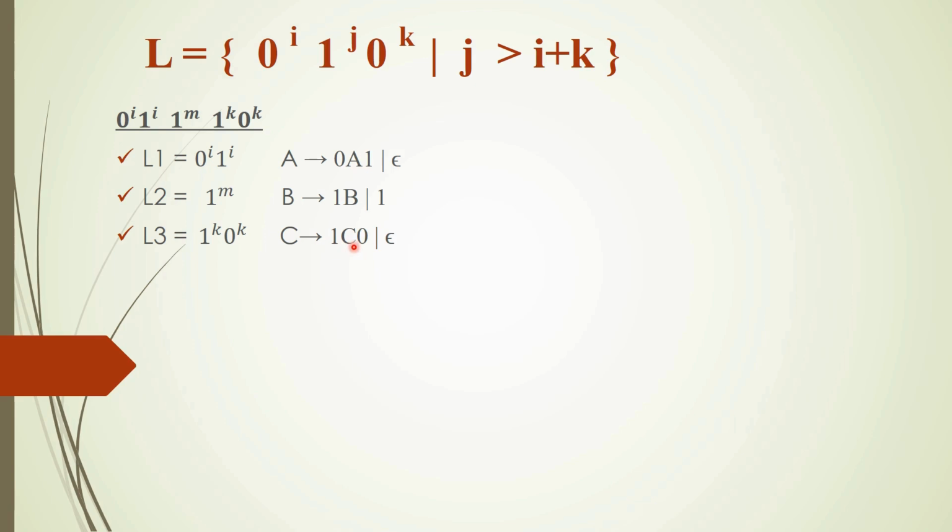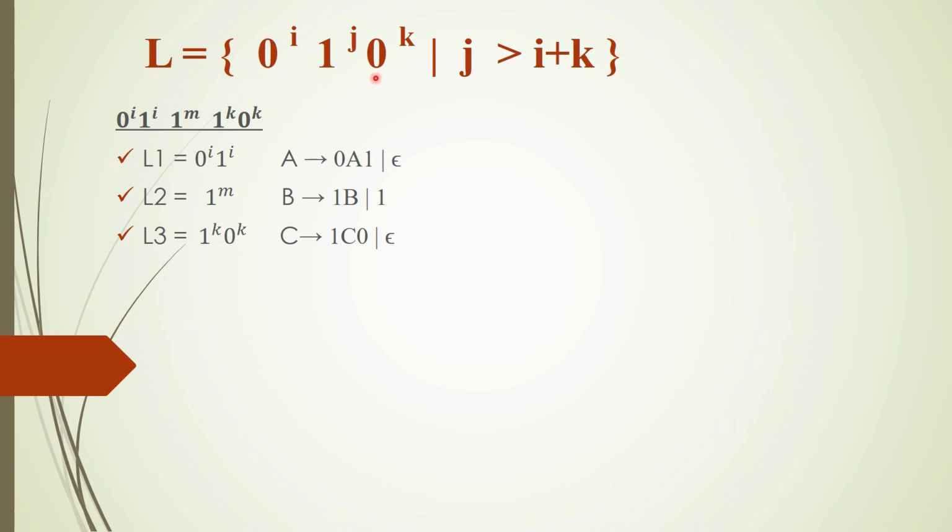Why am I using this C between the 1 and 0? Because you can see your language must generate 0 followed by 1, and this 1 is followed by 0.